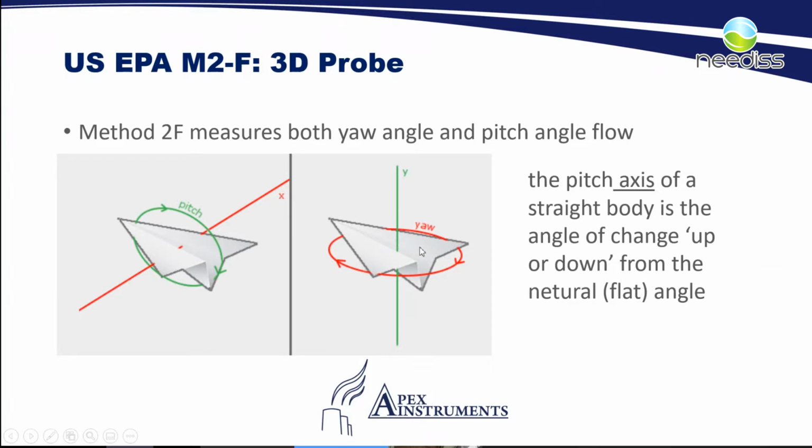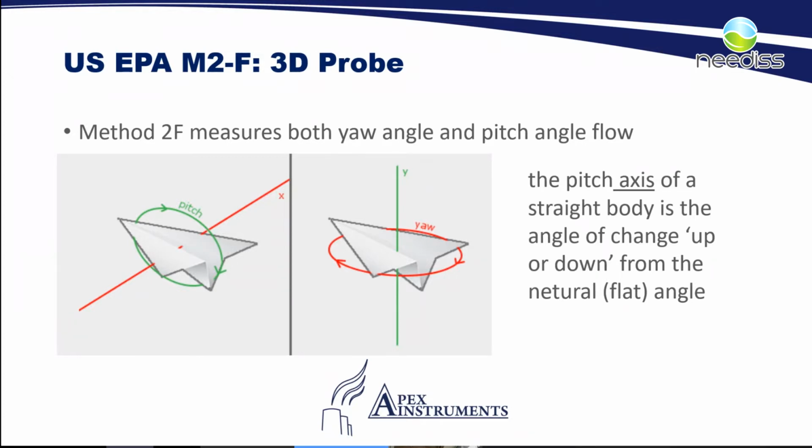Now, at the same time, if we needed to, we can also measure our pitch, which is an up and down measurement in reference to a straight probe. We can either measure up or down. And that's up and down from the neutral or flat angle of a probe being entered into the stack.